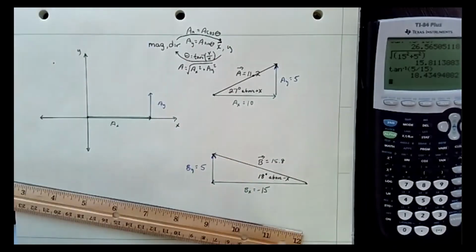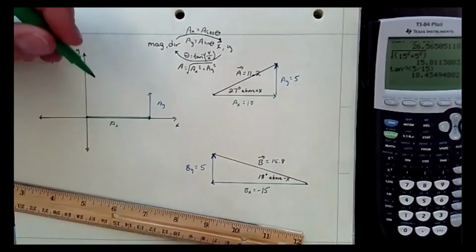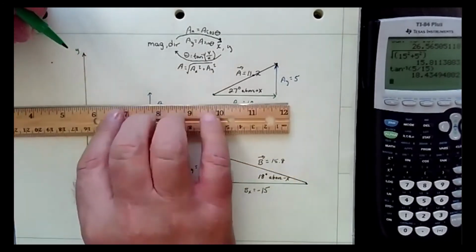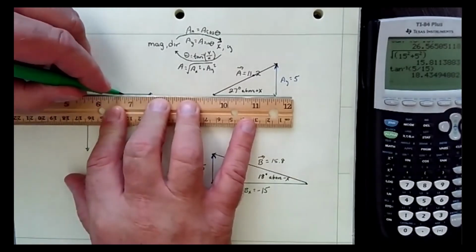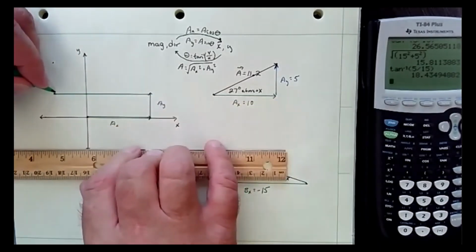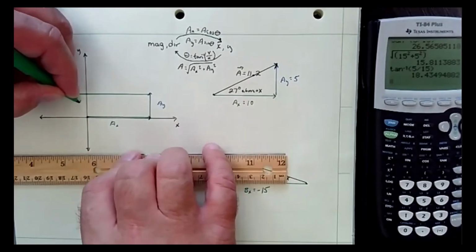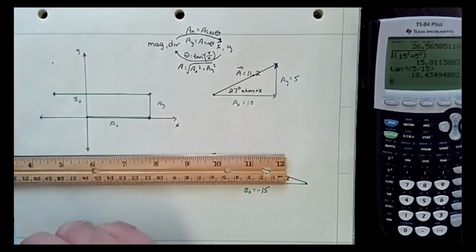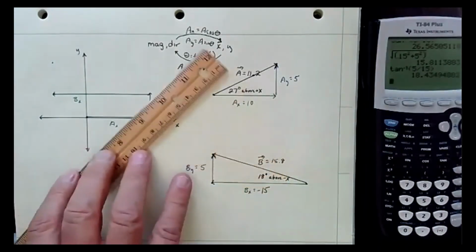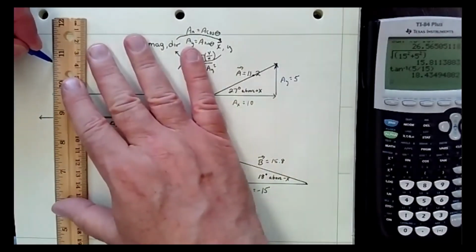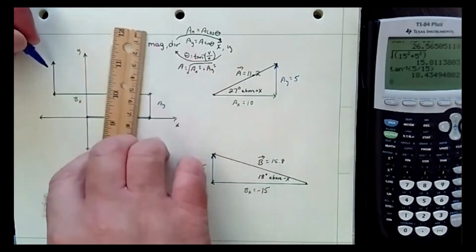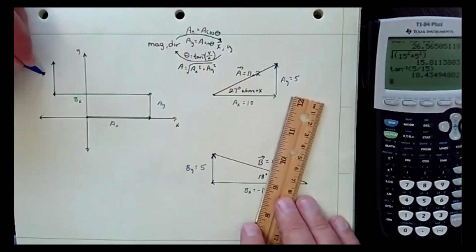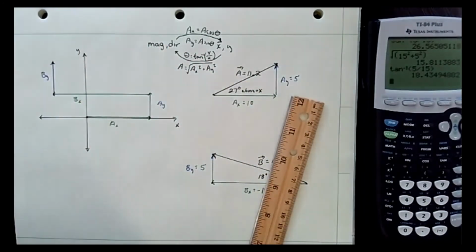So for B, it's going to carry me back 15. So this is bx. And then y is going to carry me up 5 again. That's by.